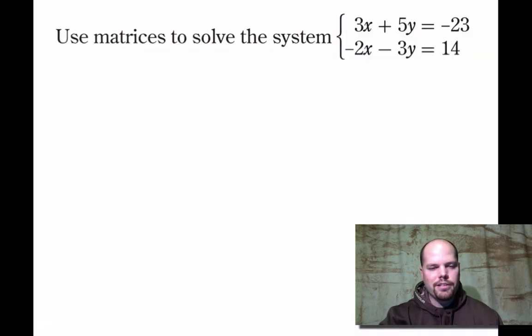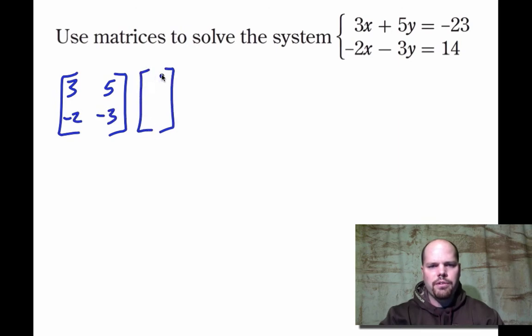In the next example, we're going to use matrices to solve the system of linear equations, 3x plus 5y equals negative 23, and negative 2x minus 3y equals 14. From last section, you need to be able to set up this system in matrix form. We need the coefficient matrix, lined up in the right variable order: 3, 5, negative 2, and negative 3.